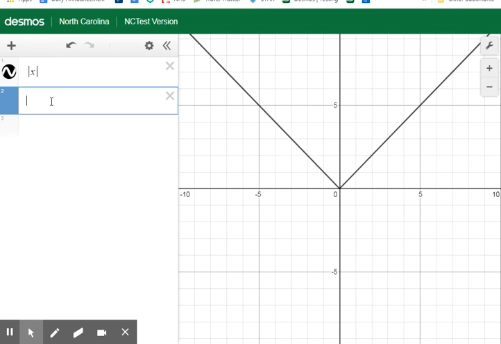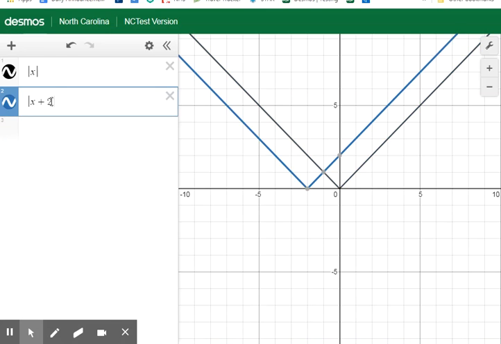The first one that we're going to look at is the absolute value of x plus 2. Notice the plus 2 is inside of the absolute value bars. I'm going to compare these two. The black one's the original. The blue one is the transformation. So tell me, what has happened from the absolute value of x to the absolute value of x plus 2?